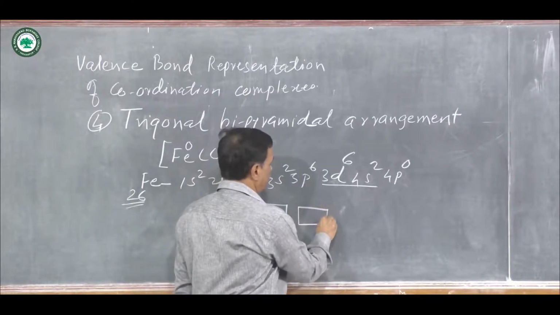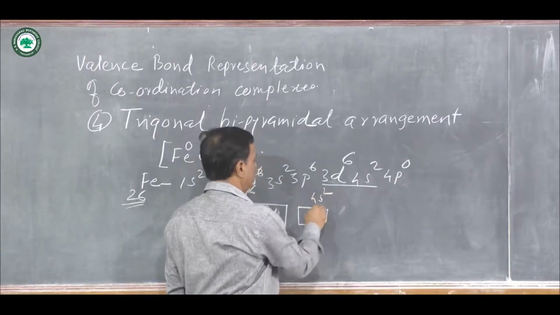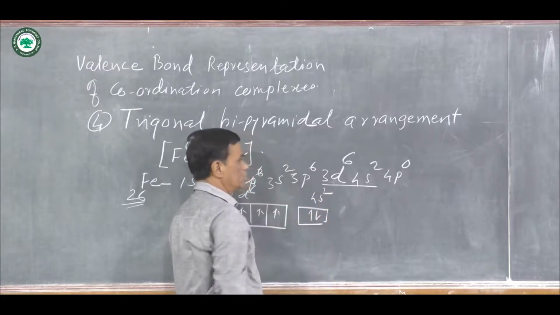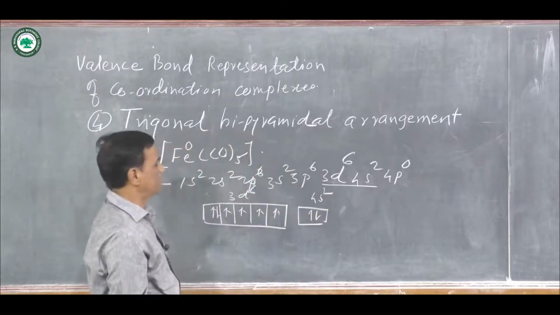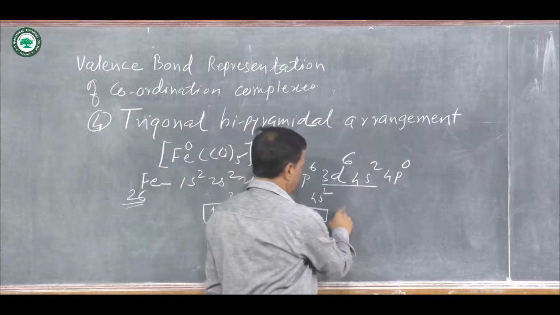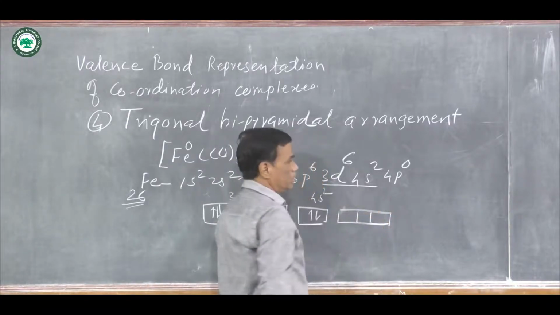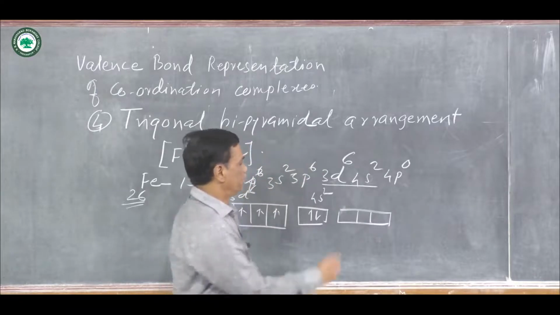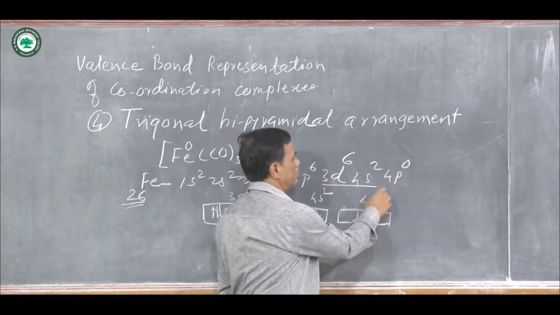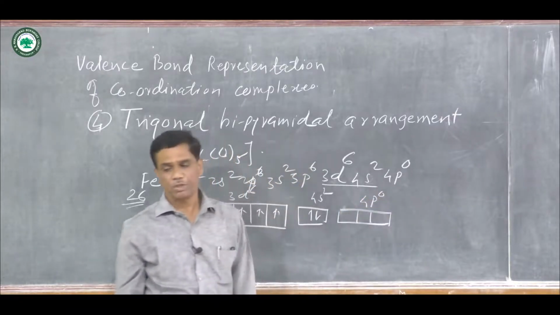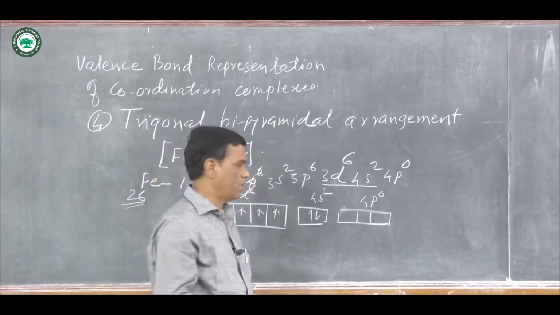Then in the 4s orbital, there are 2 electrons, represented here. Next, in the 4p orbital, there are 3 orbitals, 4p0, that are the px, py and pz orbitals.